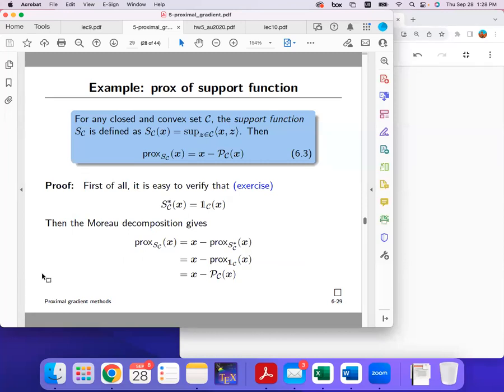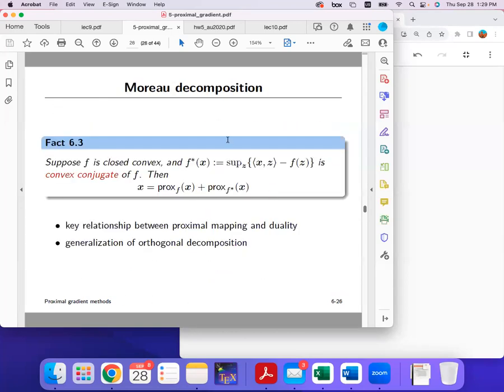So let's consider a closed convex set. Now here's how we utilize this Moreau decomposition equation.